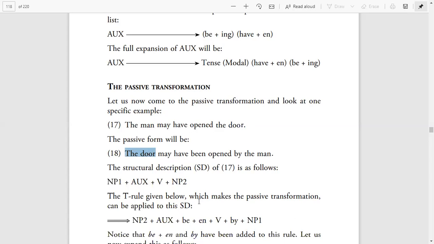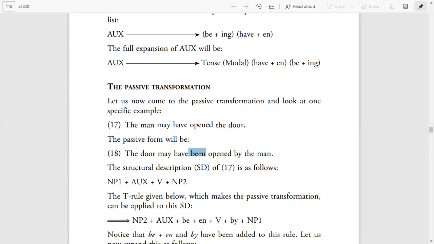be plus en. So we have already discussed what this is. The be shows the simple form: is, am, are, was, were, has, have, etc. And then en shows the third form. So it shows that it ends at the third form here, and that is been; been, of course, is the third form.